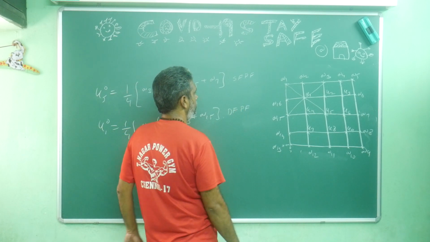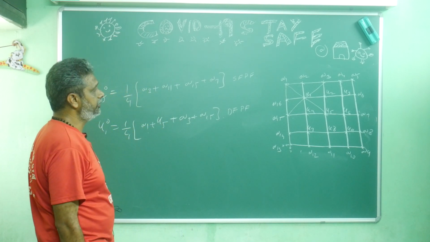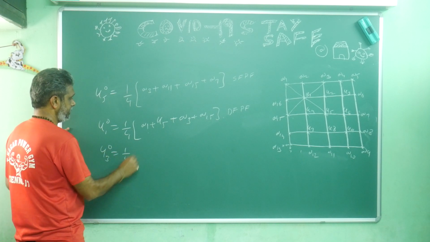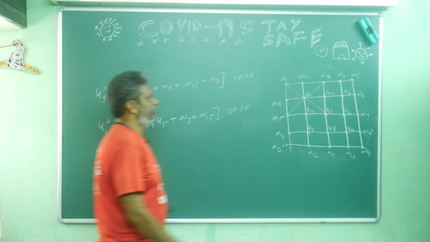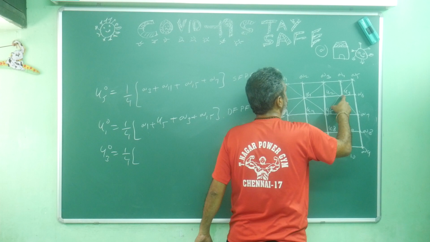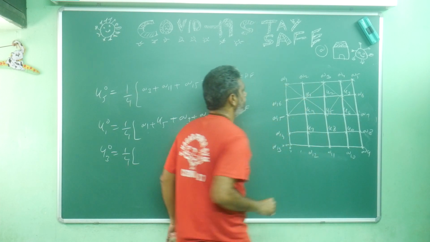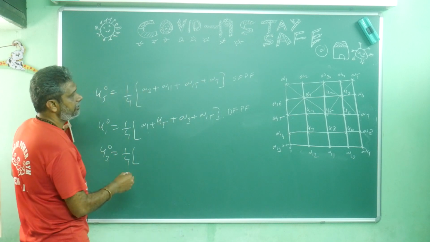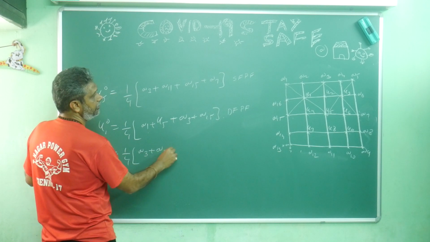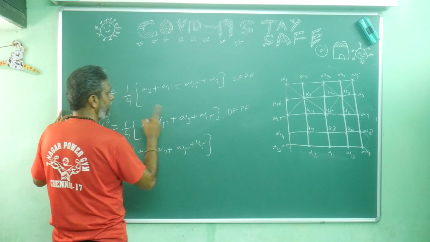Getting it or not? Now what I told you: once my U1 is over, go for U3. How will you find U3? Same story, I will go with the diagonal formula. U3 is equal to 1 by 4 of A3 plus A7, A5 plus U5. Every value is available in my hand.